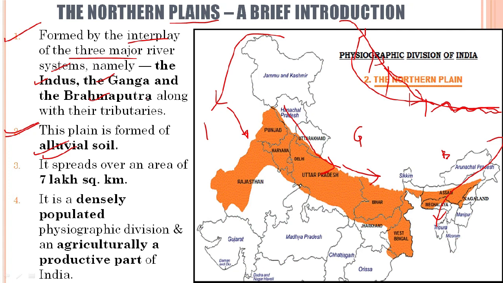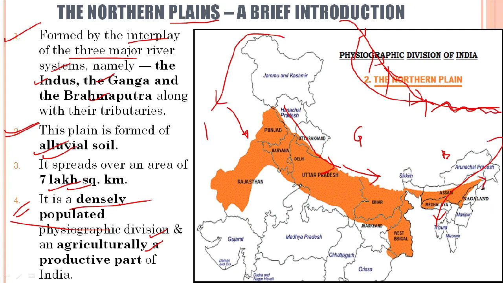It spreads over an area of 7 lakh square kilometers, and it is a densely populated physiographic division. We will try to find the reason for that later, but first we see that it spreads over an area of 7 lakh square kilometers.